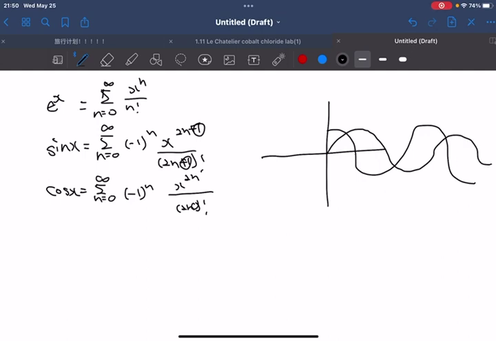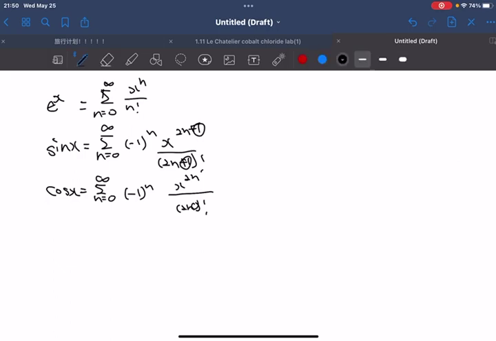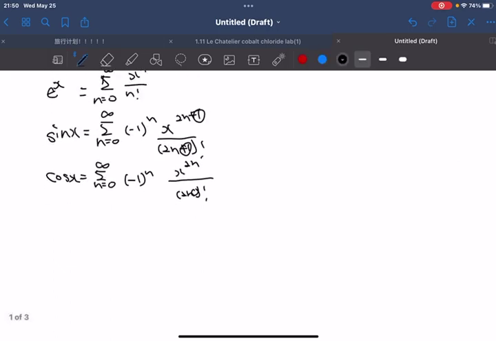So these two curves are very similar to each other. And because the derivative of sine is cosine, and the derivative of cosine is negative sine, it is an alternating series.